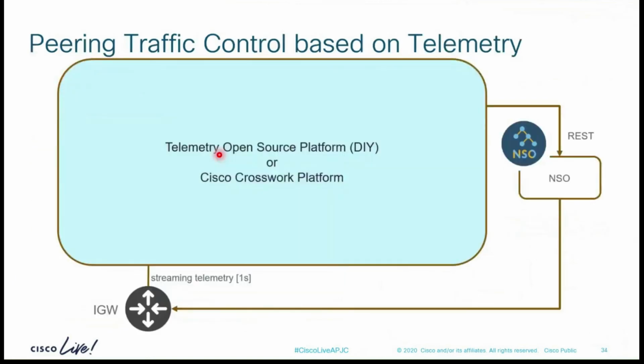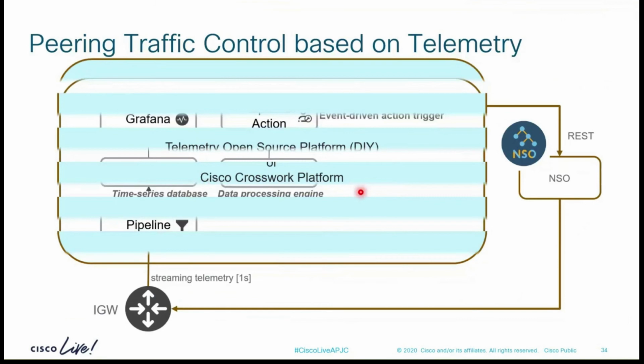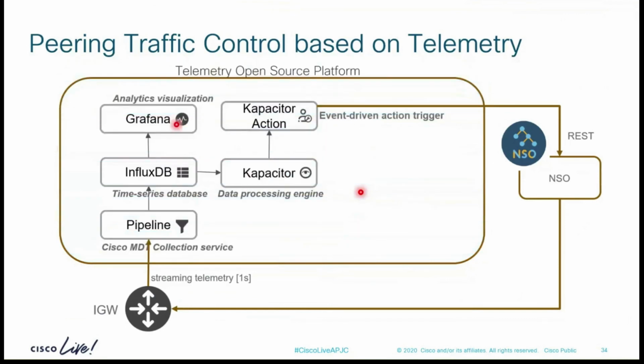For the telemetry solution, I will demonstrate based on an open source platform, a do-it-yourself way. Cisco has another automation software with the key Cisco Crosswork platform. Here is the telemetry OpenStack platform software.